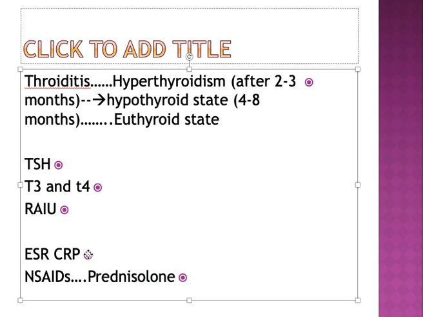Depending on, for example, if the patient is in hyperthyroidism state, then of course you have to control the symptoms. You can give beta blockers, which we discussed in the previous lecture. And if the patient is in hypothyroidism state, then what we are going to give is thyroxine, which we have already discussed as well.